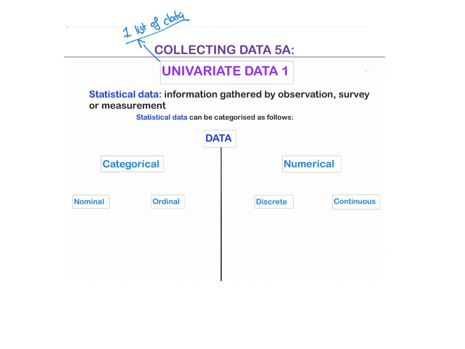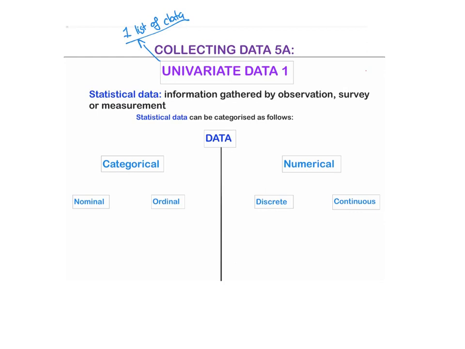Okay, so when we collect data, we can call different types of data different things. Say if I collected the height of all you guys, we call that numerical data. If I collected, say, the car type that your parents drive, whether it was a BMW or Mercedes, that's a category.